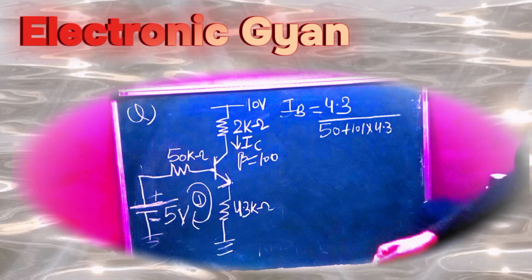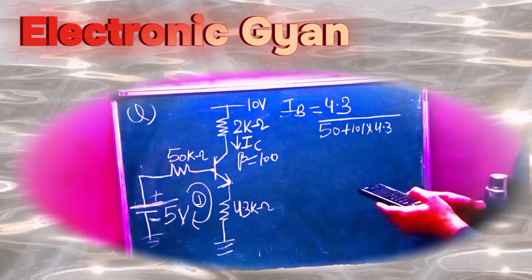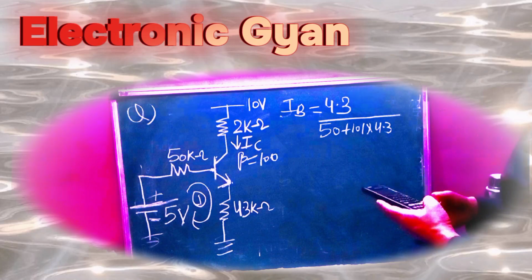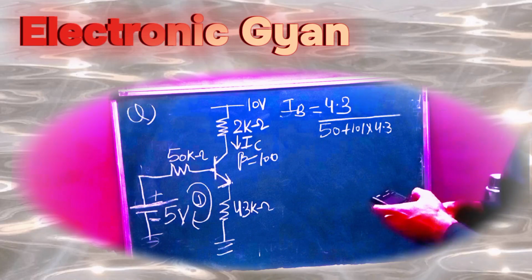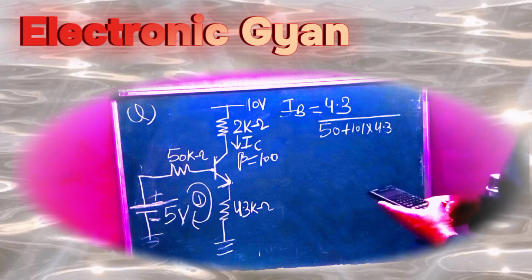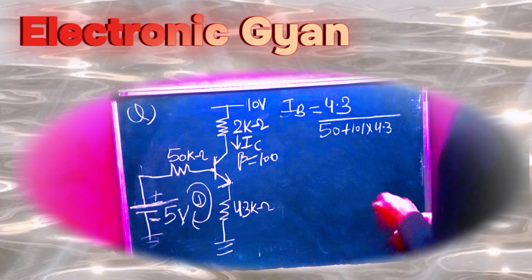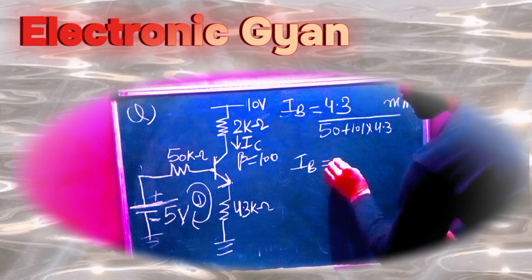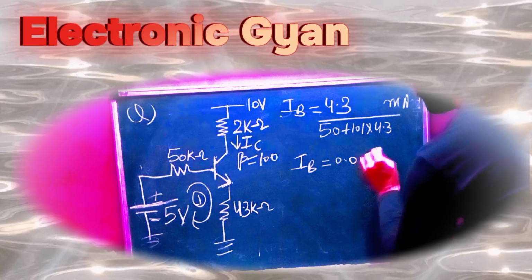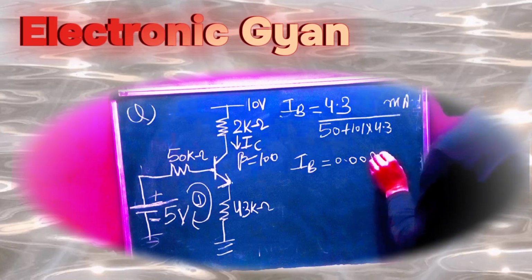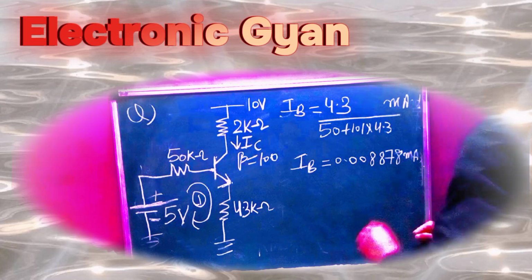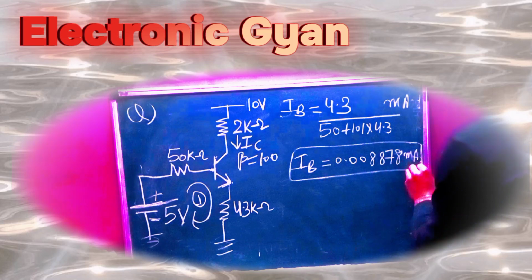If we calculate that, we get IB as 0.008878 milliampere. This is my base current.